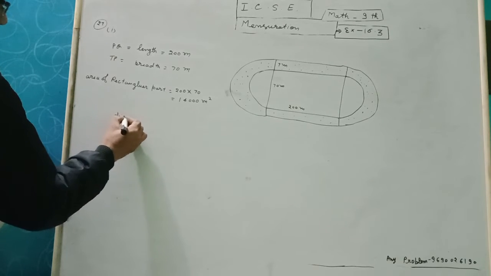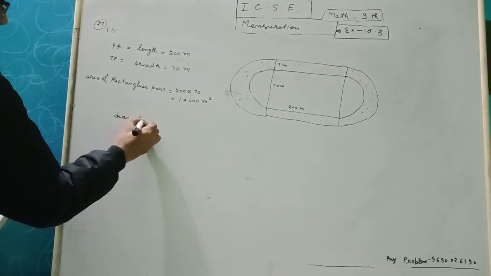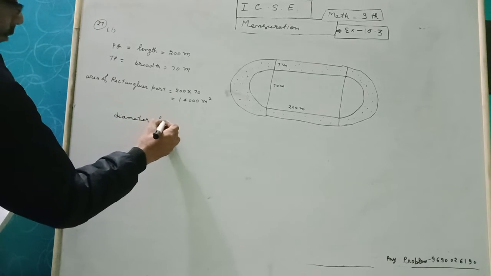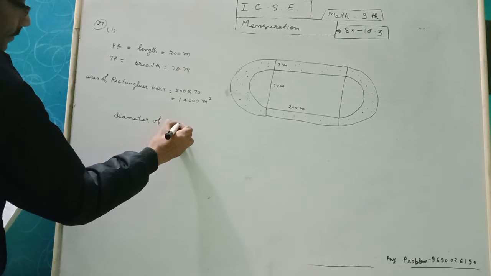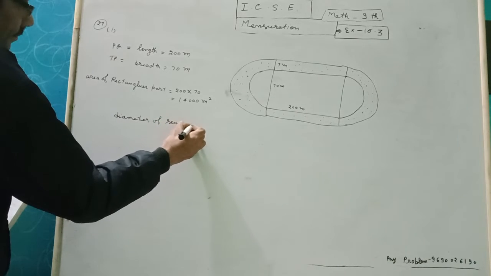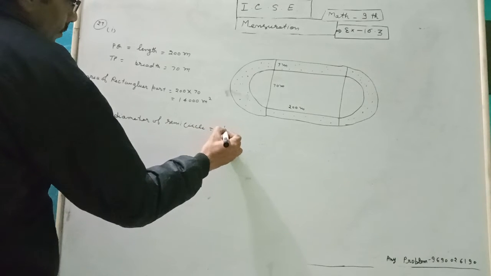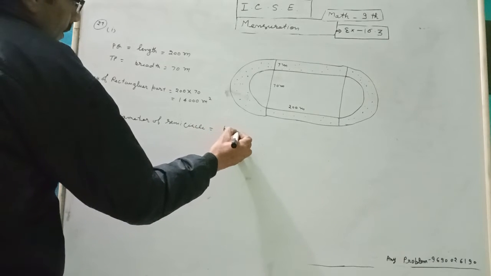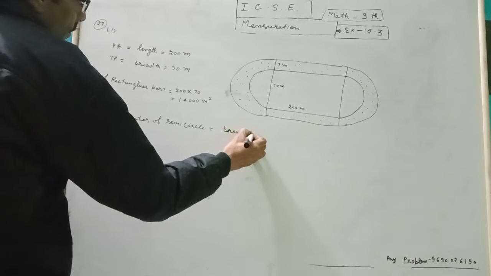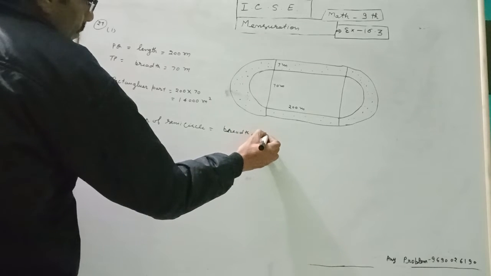The diameter of the semicircle is equal to the breadth of the rectangular part.